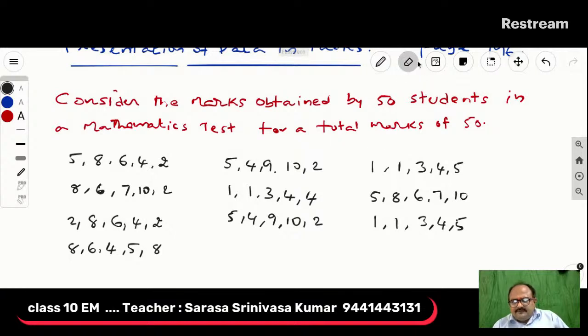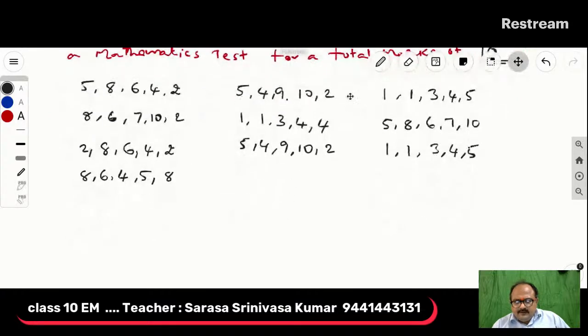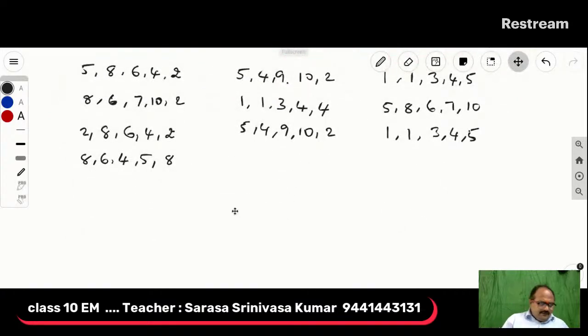for a total marks of 10. It is not 50, it is 10. The examination is conducted for 10 marks. Now, how to prepare the required table for this? Marks obtained, marks.